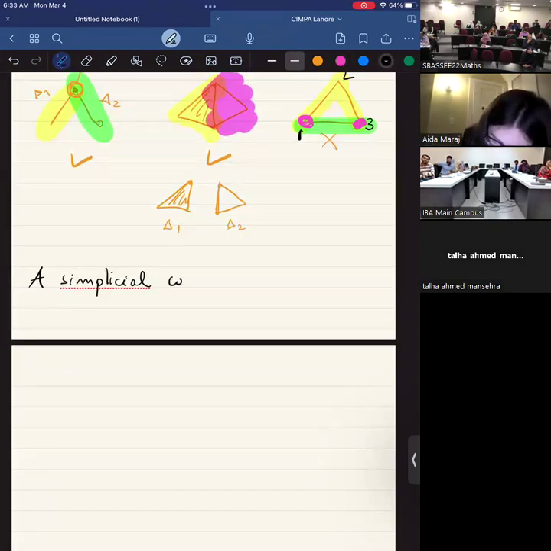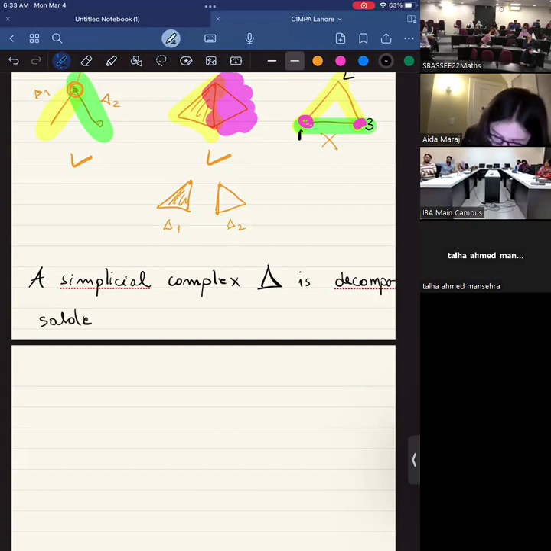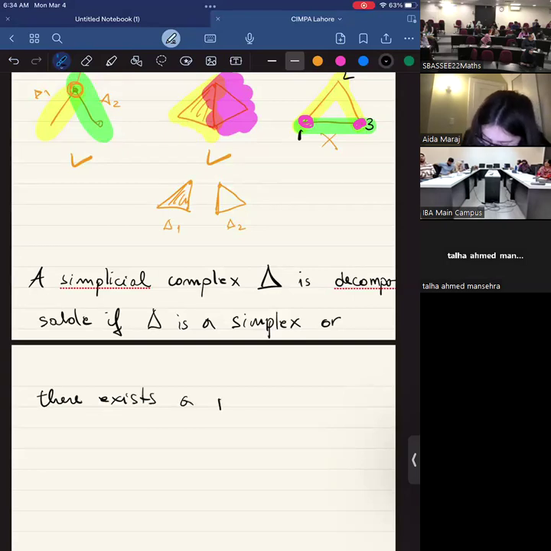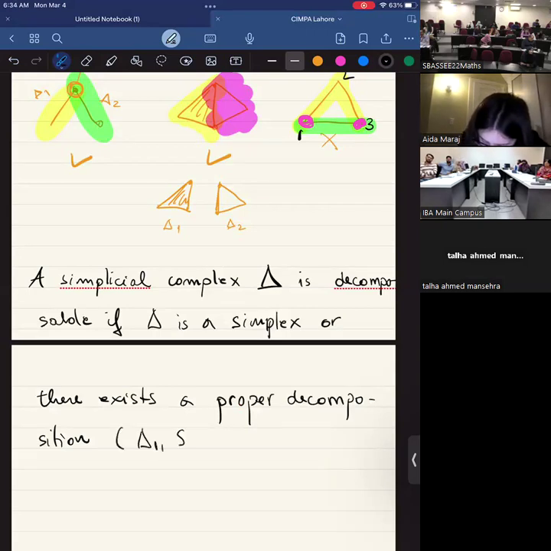So a simplicial complex delta is decomposable if either it is a simplex, if delta is already a simplex, or there exists a proper decomposition, like delta 1 and delta 2 as before, but now with delta 1 and delta 2 both decomposable.